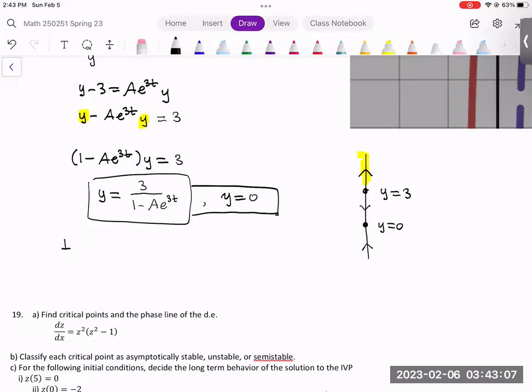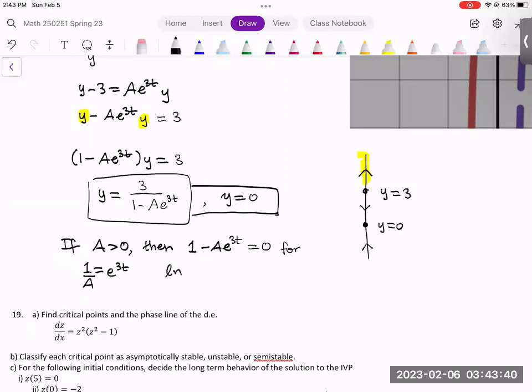So if a is greater than 0, then 1 minus a e to the 3t equals 0 for some t. So for t, let's solve this. 1 over a equals e to the 3t.